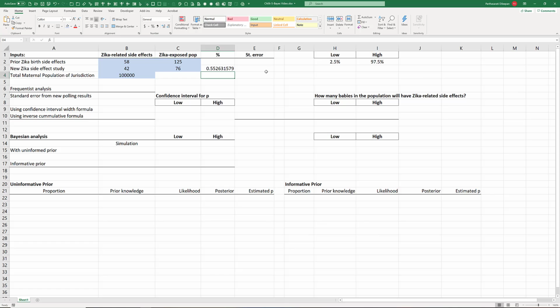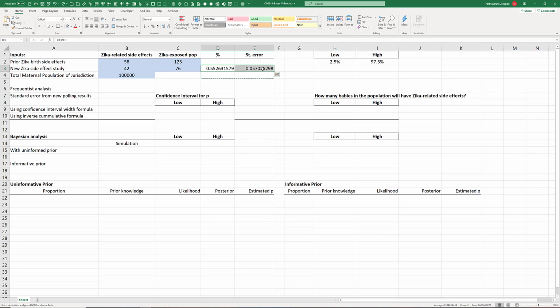So the proportion is that divided by that. Okay. And then the standard error is square root of p times 1 minus p divided by the sample size of 76. Okay. And then we can do the same thing here.